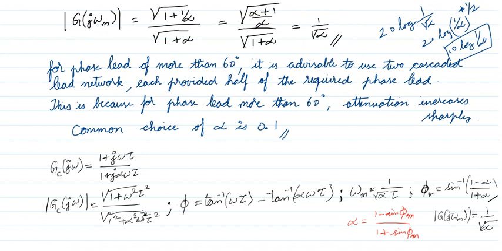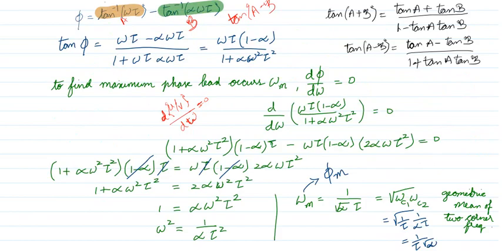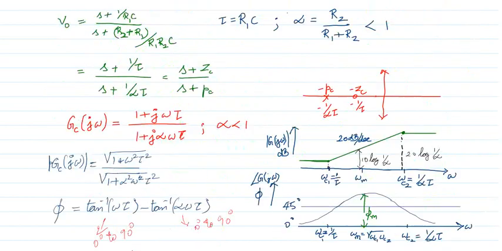The 1 by 2 comes before, so it becomes 10 log 1 by alpha. So I can make a mark in the slide here. So at omega m, the magnitude is 10 log 1 by alpha. First we found omega m, then we found phi m, and now we found the magnitude at omega m. The magnitude at omega m is 10 log 1 by alpha.